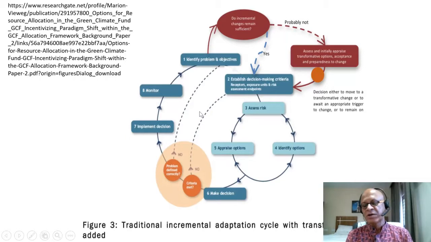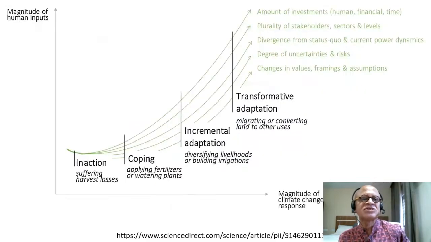Okay. So somewhere you have an opening for introducing decisions either to move to a transformative change or to await an appropriate trigger to change or to remain on the path, right? So you have to have that kind of flexibility in the system.